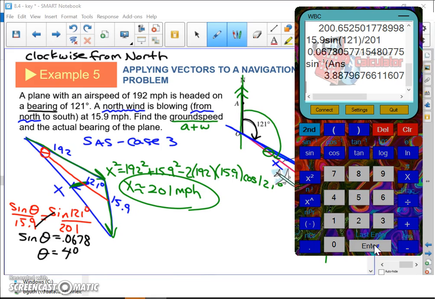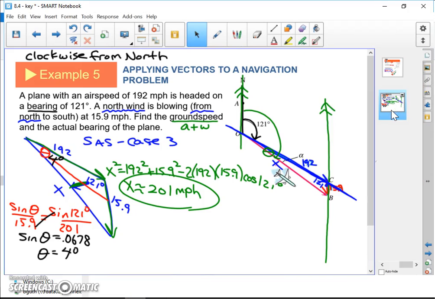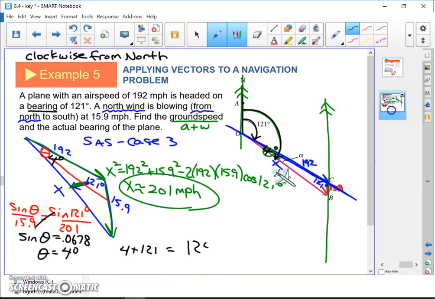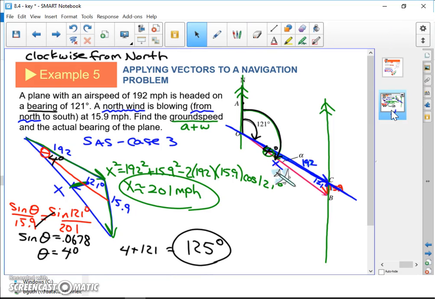So this piece would be 4 degrees. And so remember, bearing is clockwise from north. You're going to have that 4 plus the 121. 4 plus 121 is about 125. So the bearing is going to be about 125 degrees clockwise from north.